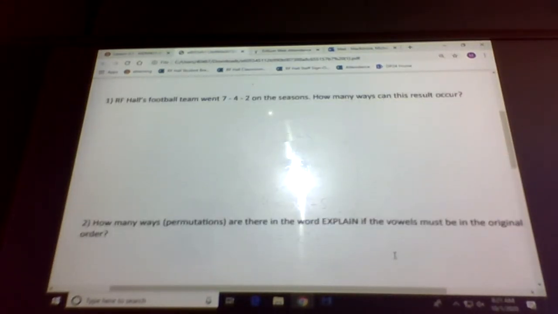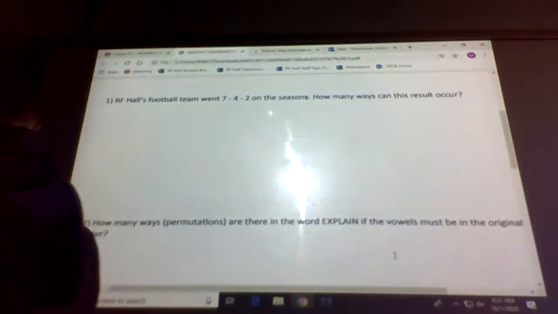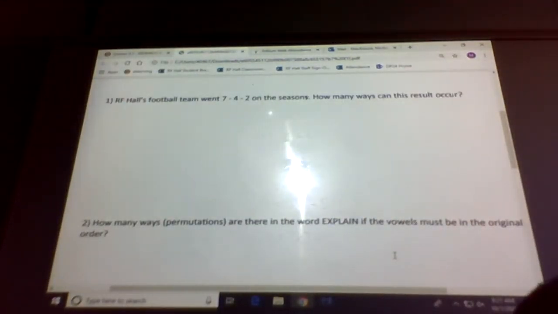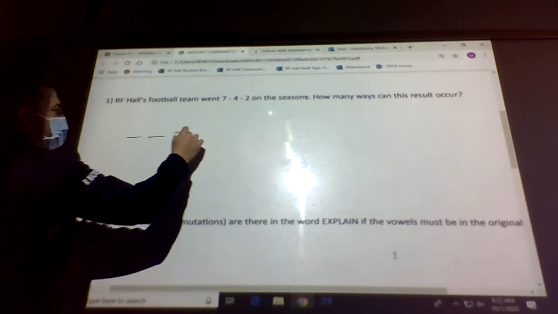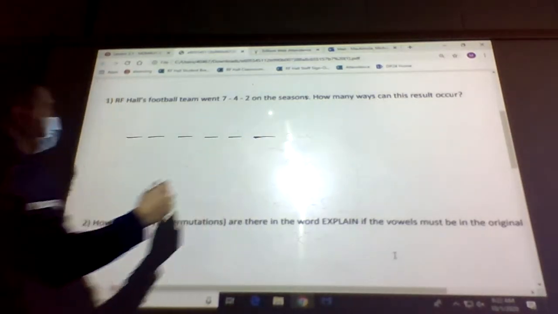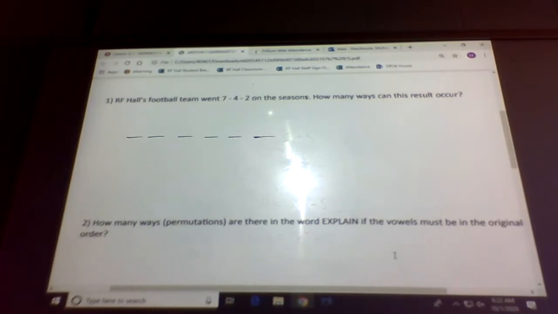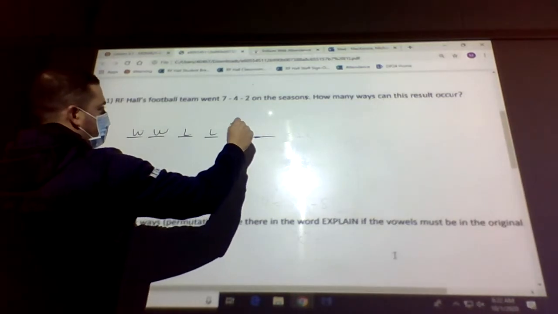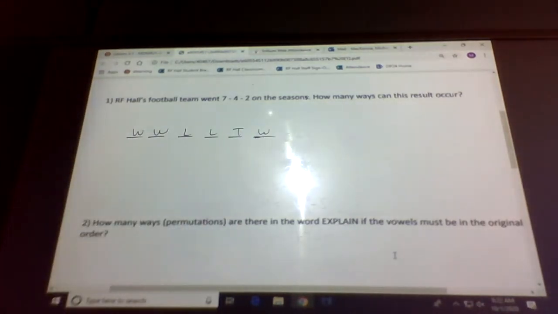Okay, Robert F. Hall's football team went 7-4-2 on the season. How many ways can this result occur? So if I had 13 games, and we just write out the result, like win, loss, tie, win, if you just write out the letters, what order can they be in?